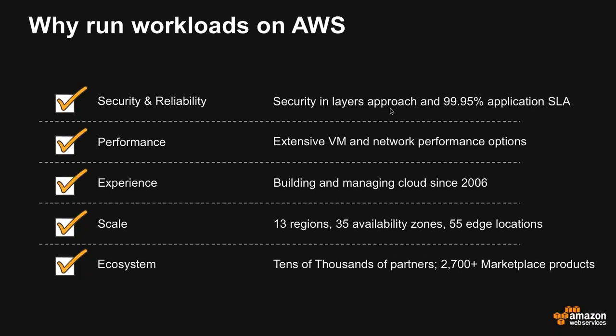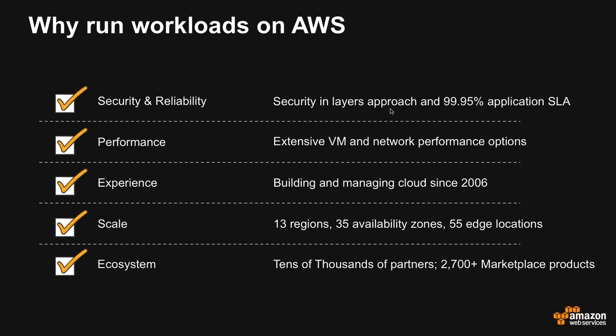In terms of scale, we currently support 13 regions, 35 availability zones. I believe after reInvent, that's now 38, with each availability zone being at least one or more data centers with over 50,000 servers per data center, greater than 100 terabits between them. There are 4 regions with 9 availability zones within those regions.